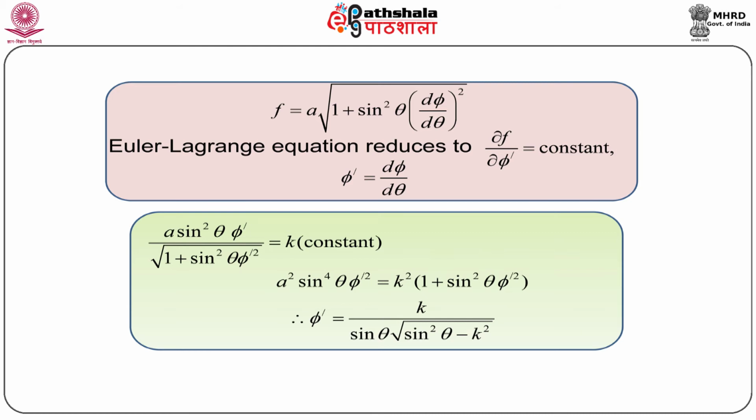This is independent of phi. So, Euler-Lagrange equation reduces to del del phi dash of f equal to constant. Please note that phi dash is d d theta of phi, that is this one is the phi dash.